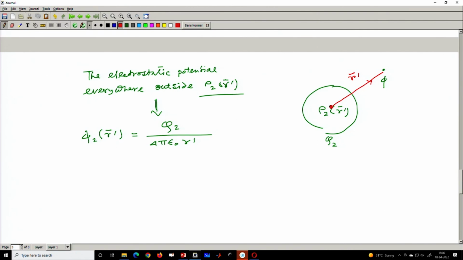So, I am just trying to do that. This quantity is equivalent to phi, I should write another quantity, phi point. Phi point means as if I compress all the charge to this point and then calculate the potential, which is the same thing.